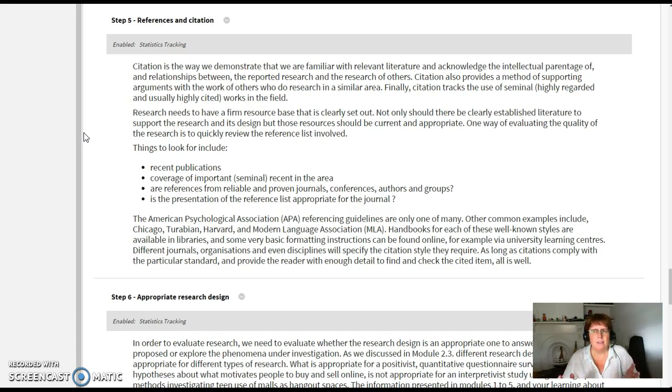Or maybe, if you're looking at, say, the Australian context of something, would you use resources that relate to another country? Sometimes it doesn't matter, sometimes it does. Depending again on what problem they're trying to solve, the relevance of the resources they're using and referencing is really important too.